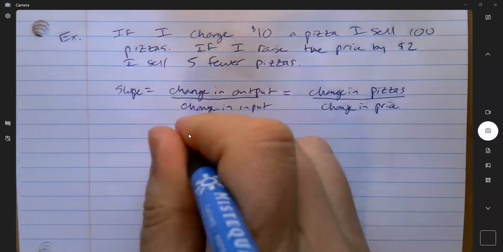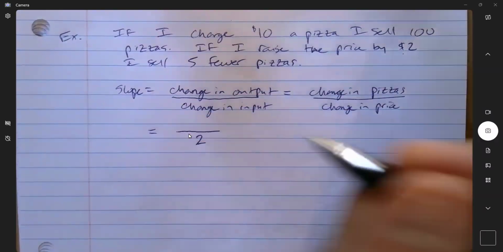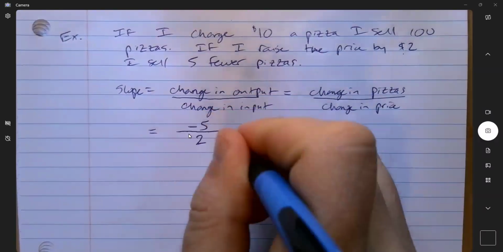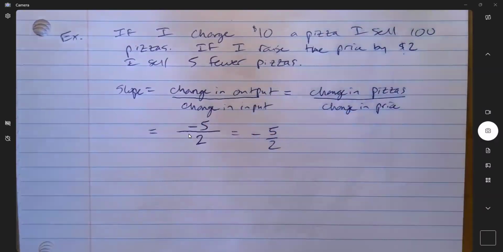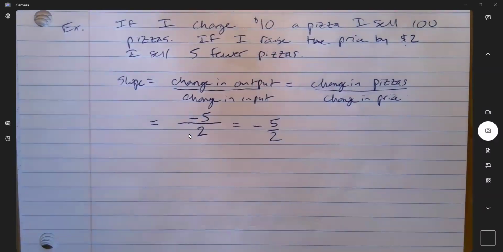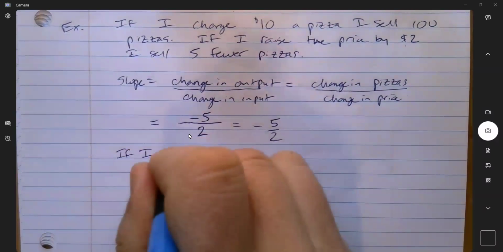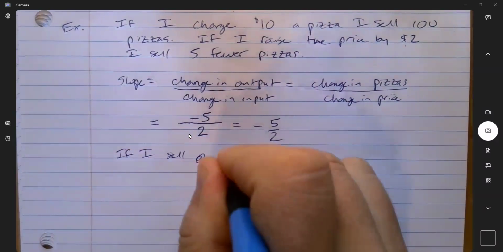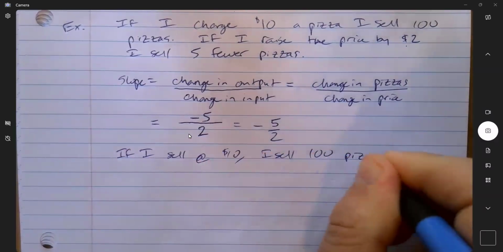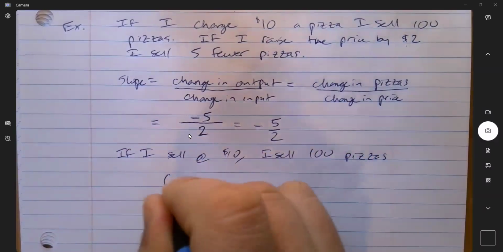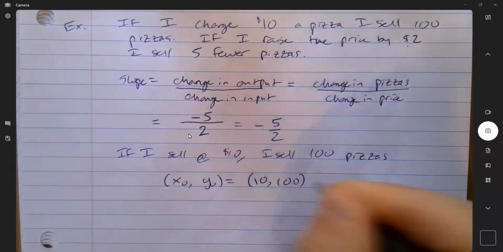Well, if I increase the price by $2, I decrease the number of pizzas by 5. So the slope is -5/2. And the coordinate point says if I sell at $10, I sell 100 pizzas. So my initial point, x0, y0, is going to be 10, comma 100.